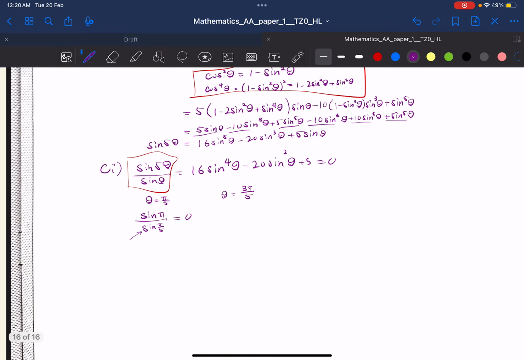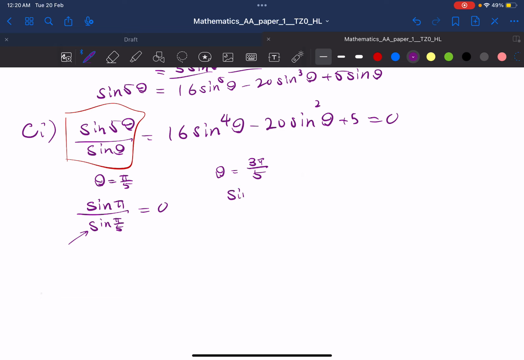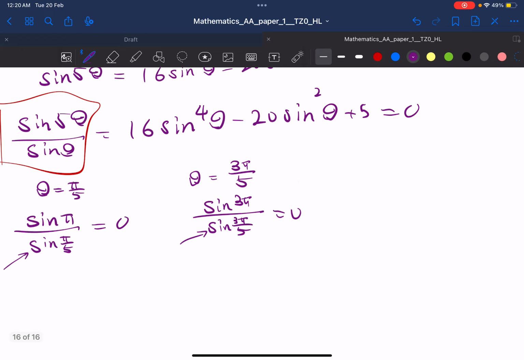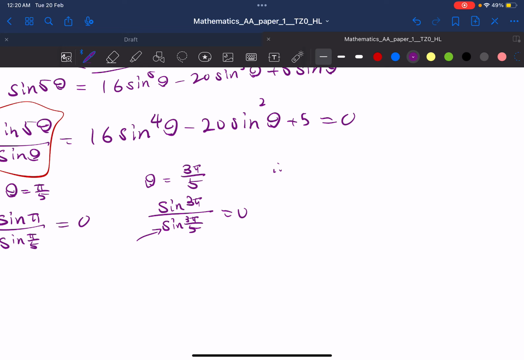Yeah, 3 pi over 5. Then we have sine 3 pi over sine 3 pi over 5. This legitimately equals 0. Again, the bottom cannot be 0 because it's not a multiple of pi. So therefore, pi over 5 and 3 pi over 5 are the solutions.